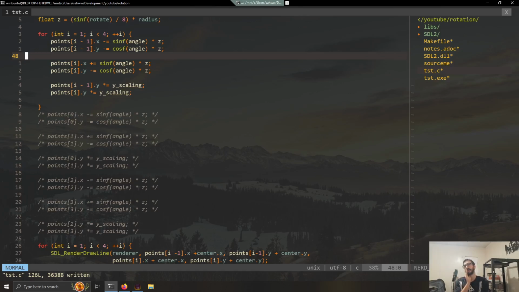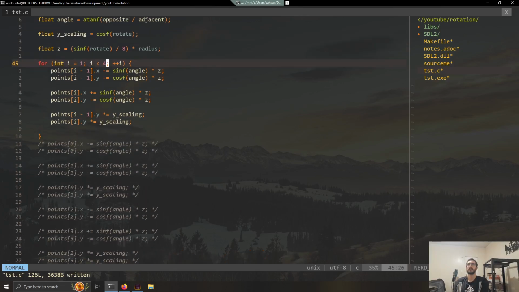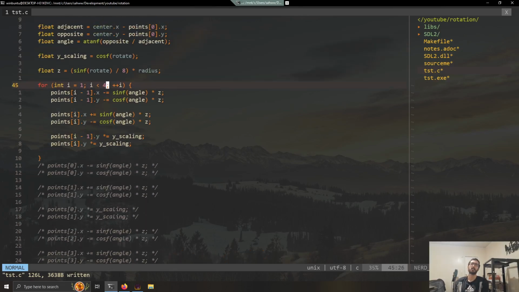It isn't right. The tricky thing about the loops. Zero, 1, 2. Oh, I did.